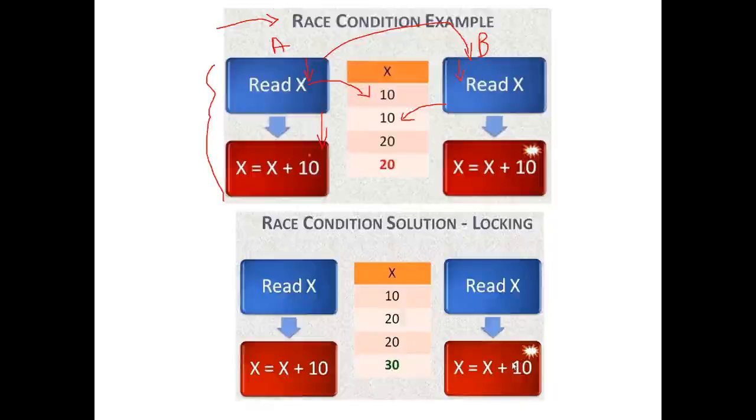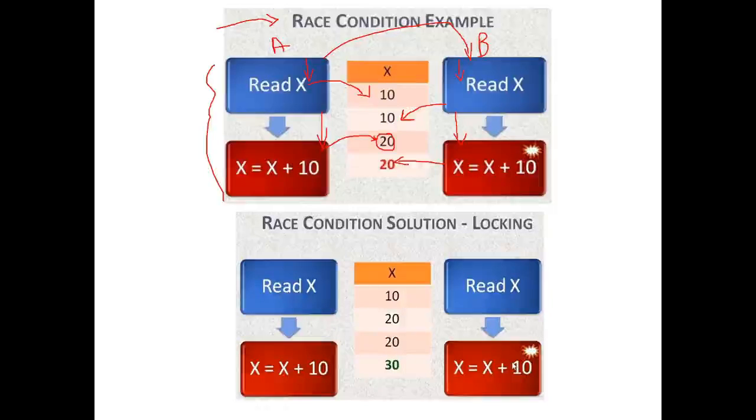Now A has read the value of X and it is going to increment it, so X becomes 20. But B, instead of reading the value 20, has interrupted and read the value of X, that is 10. So after incrementing, B's value of X is going to be 20.